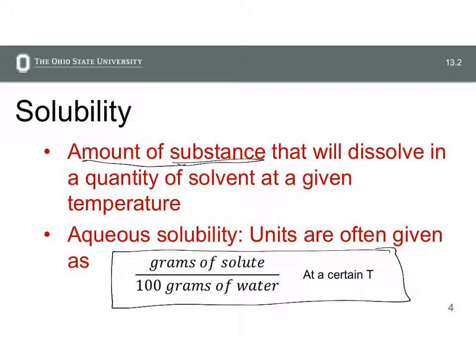This 100 grams of water is just sort of convention. If you look up solubility on a Google search, you may see solubility in terms of kilograms per liter or grams per liter, but you just have to watch these units. I believe for the most part, our textbook is using grams per 100 grams of water.